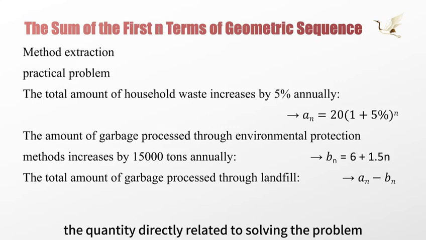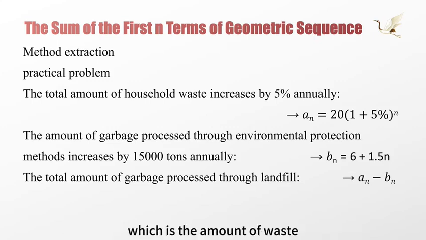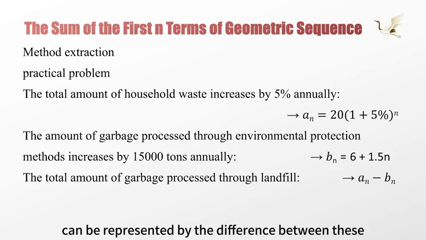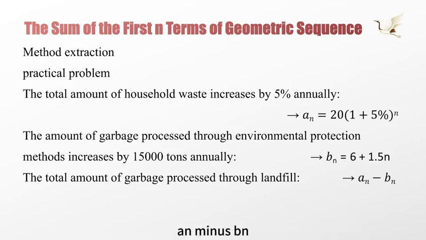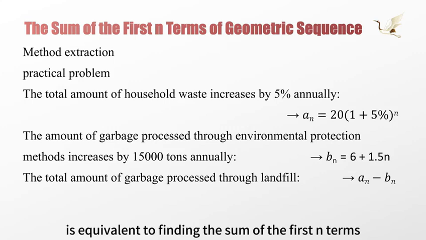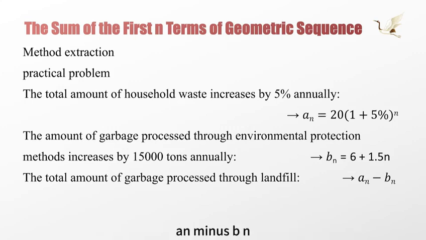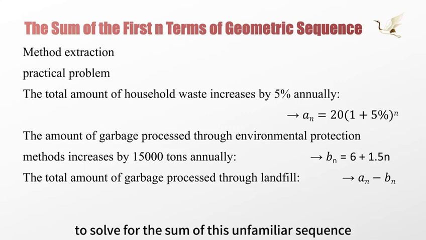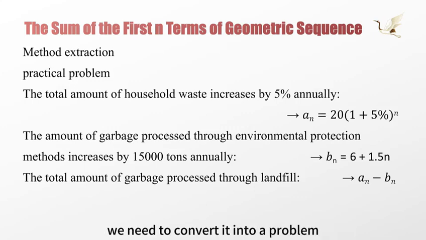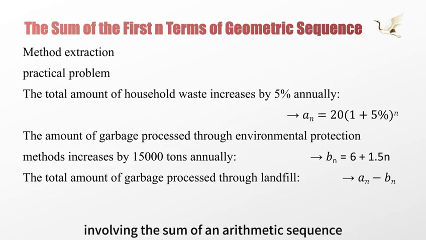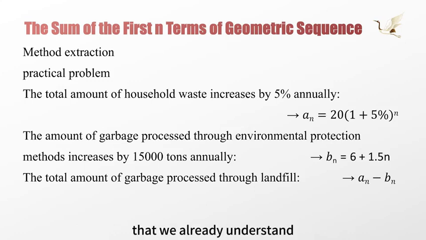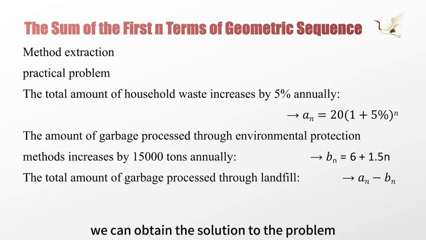The quantity directly related to solving the problem, which is the amount of waste disposed of through landfill each year, can be represented by the difference between these two sequences, An minus Bn. Thus, finding the amount of waste disposed of through landfilling within n years is equivalent to finding the sum of the first n terms of the sequence An minus Bn. To solve for the sum of this unfamiliar sequence, we need to convert it into a problem involving the sum of an arithmetic sequence or geometric sequence that we already understand. By grouping and summing, we can obtain the solution to the problem.